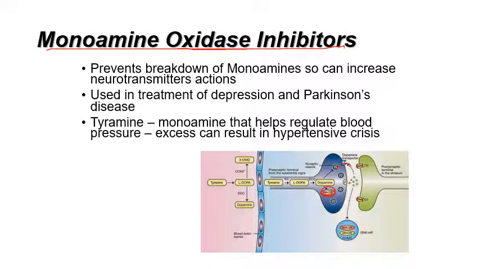Some of the theories behind depression, and we also saw Parkinson's, would be a cause for low dopamine at the nigrostriatal pathway. Instead of preventing this breakdown, that would cause more neurotransmitter to be here. So when neurotransmitter is released, there would be an increase of dopamine released into the synapse.